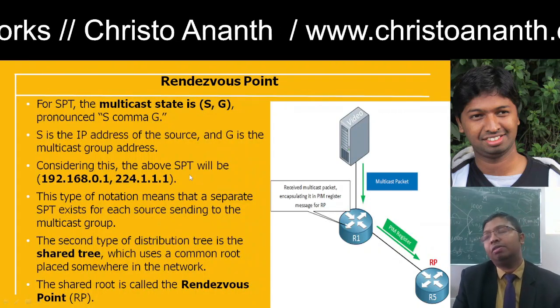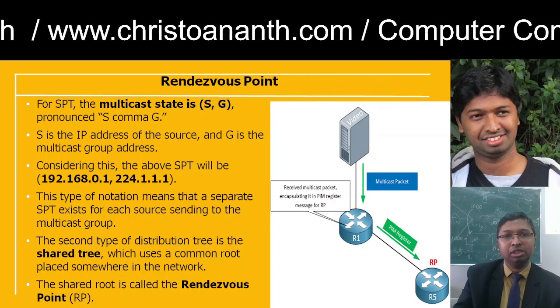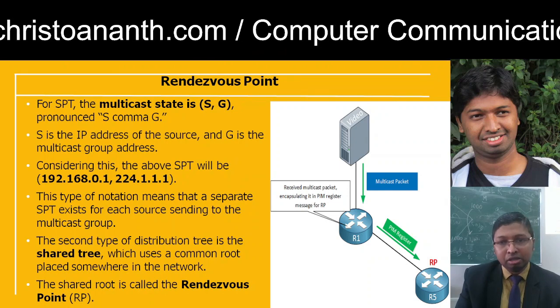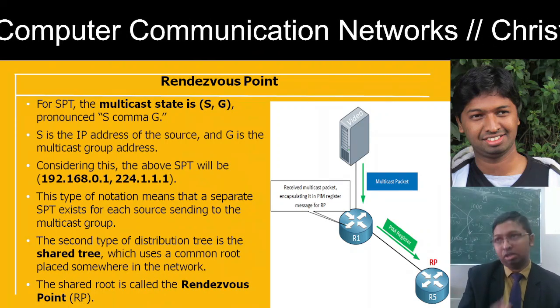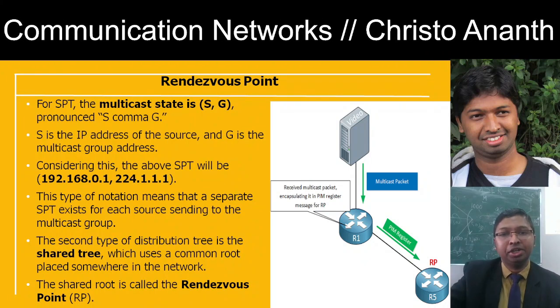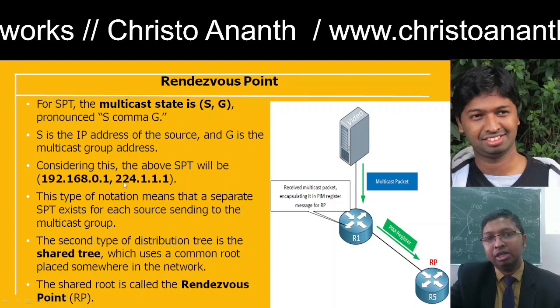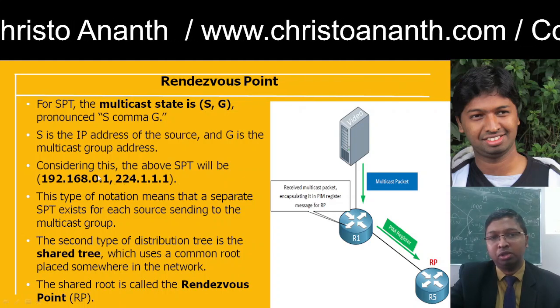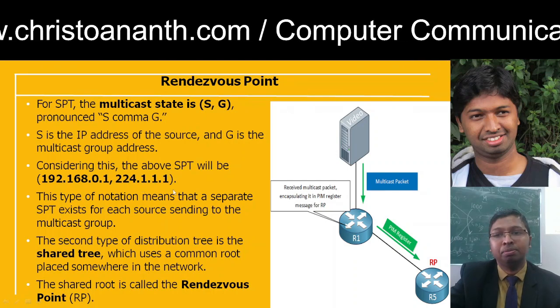For the shortest path tree, the multicast state you can specify as (S, G). For the above shortest path tree, it is 192.168.0.1 comma 224.1.1.1, where this is the source and this is the group address that we have passed.